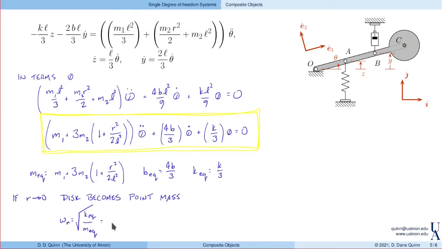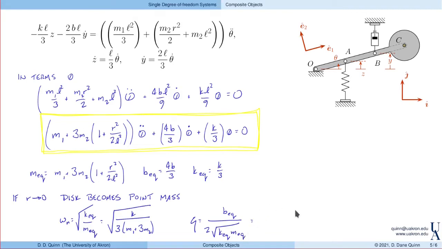And so in this case, right, we can simplify this. A little bit of algebra. We get 3 times m1 plus 3m2. Notice that in this case, this term drops out. The damping ratio, again, is equivalent damping over 2 square root of equivalent stiffness times equivalent mass.